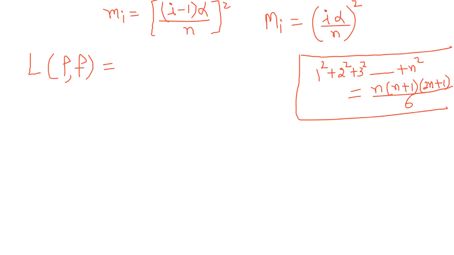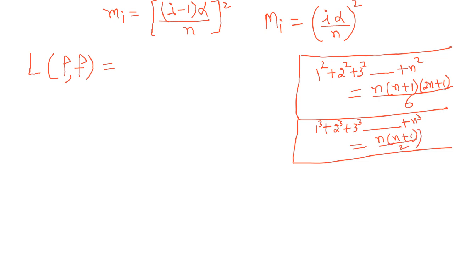And if somewhere you find the formula 1 cube plus 2 cube plus 3 cube up to n cube, that is n into n plus 1 by 2, whole square. Sir, but here it is not 1 square plus 2 square and so on up to n square, here it is n minus 1 whole square.